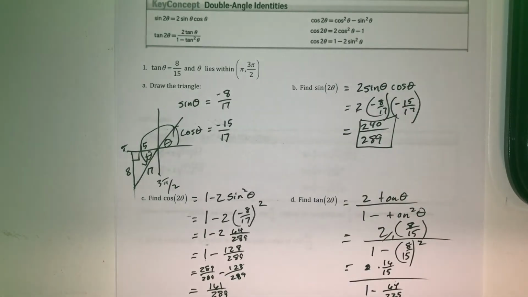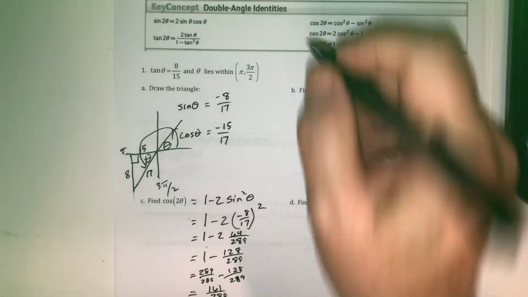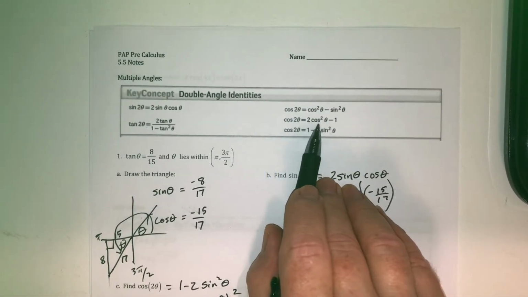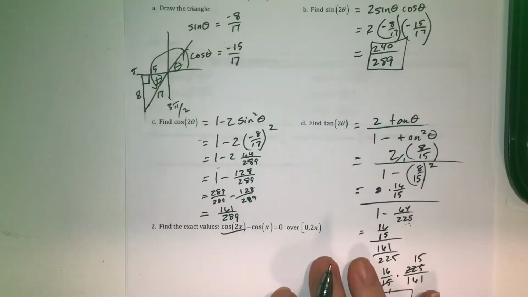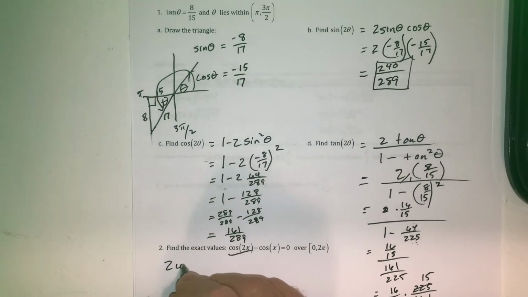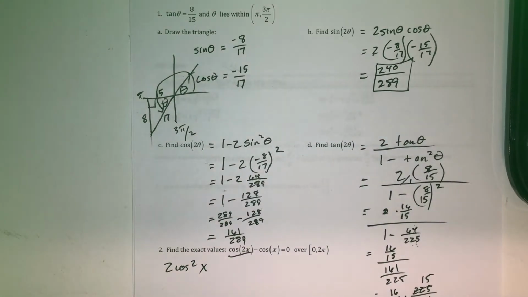And what I'd like would be one that just has cosine in it. And the one that does is that one in the middle up there. The cosine of 2 theta is 2 times the cosine squared of theta minus 1. So I'll replace this using that particular double angle formula. So 2 times the cosine squared of theta, or x, all right, minus 1.